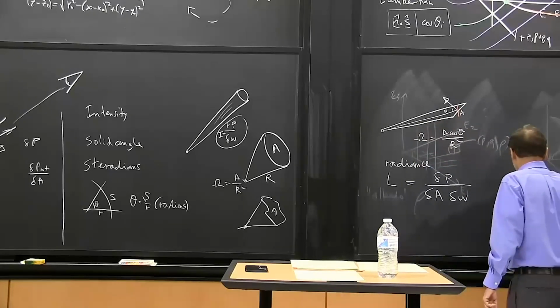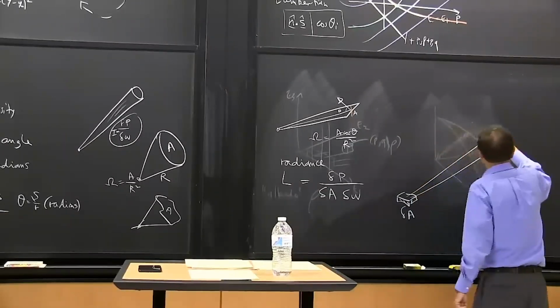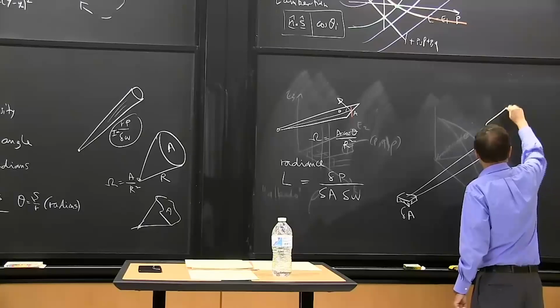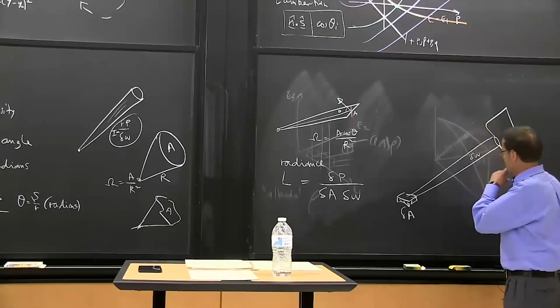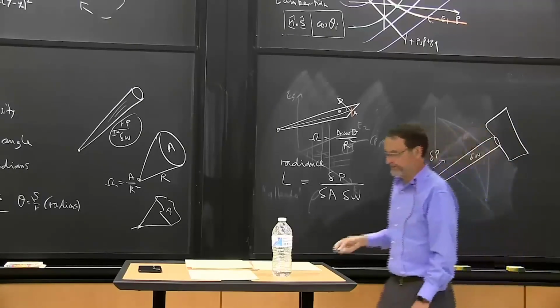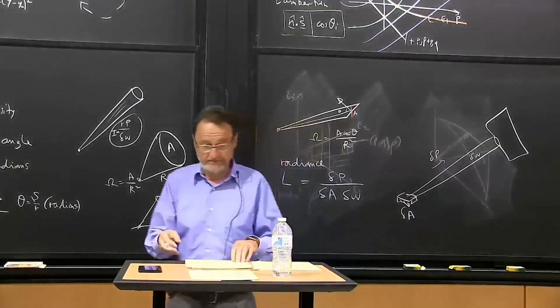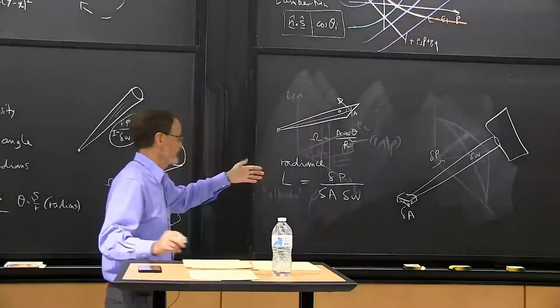Right, so we have a little part of the surface here with an area A, and we have a person or a camera over here, and this is a solid angle delta omega, and there's some power delta p going that way. And that's obviously much more what we want, because that's what we're measuring.